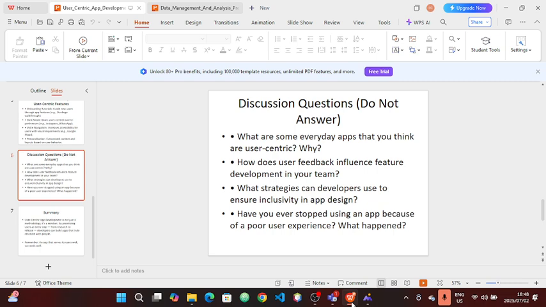The second question: how does user feedback influence future development in your team? How does user feedback influence feature development in your team?